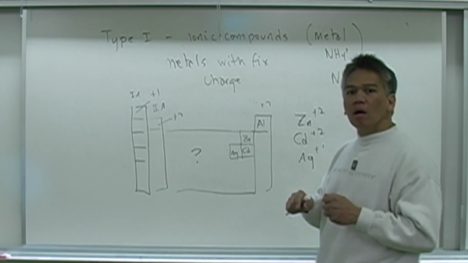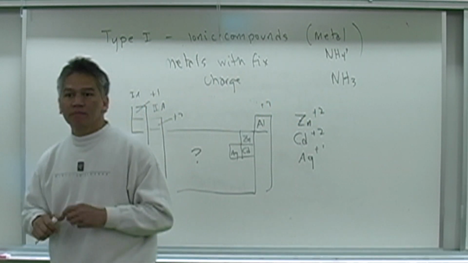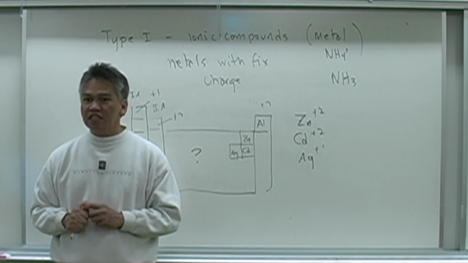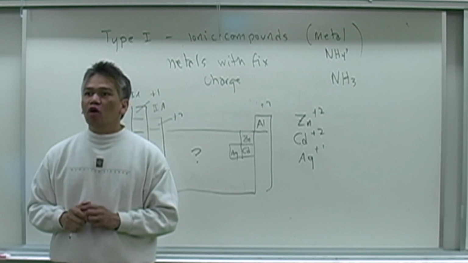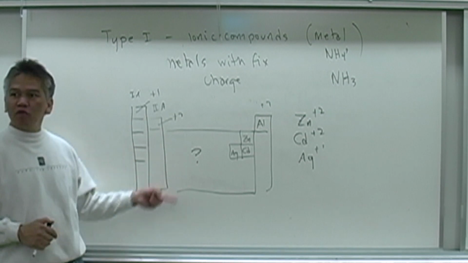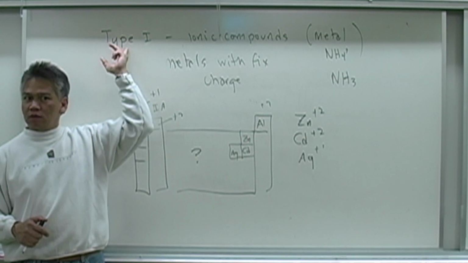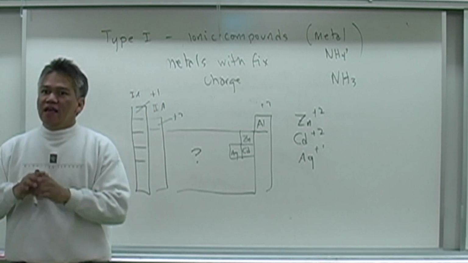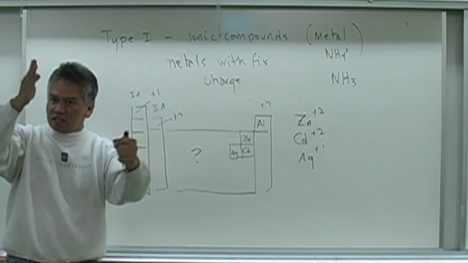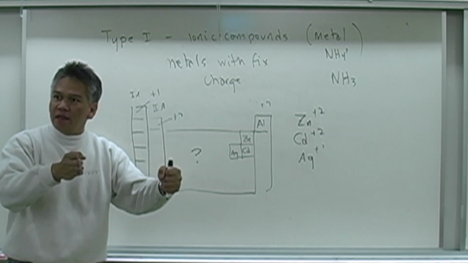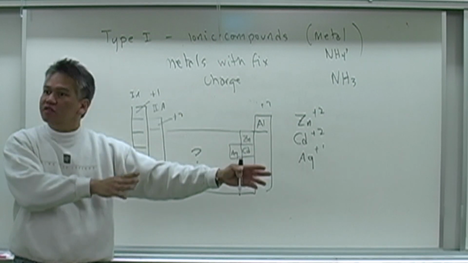So if you have any of these metals in the chemical formula, it's a type 1 compound. Just know that if it's not group 1, it's not group 2, it's not aluminum, zinc, cadmium, or silver, then it's got to be the other type.